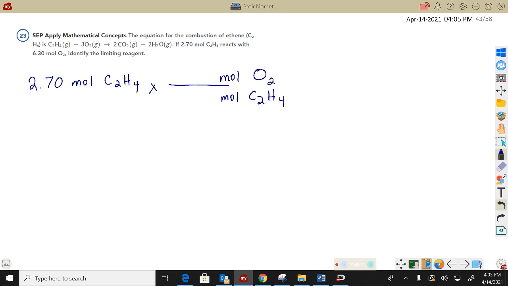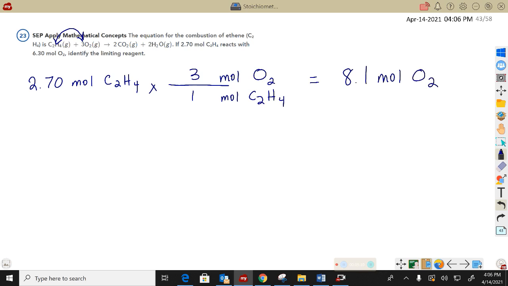All right, so when I compare these, it is a ratio of 3 oxygen to 1 ethene. All right, so we're going to plug it in, which is going to be close, right? I have 6.3 moles of oxygen. 2.7 times 3, is about 8.1 moles of oxygen.